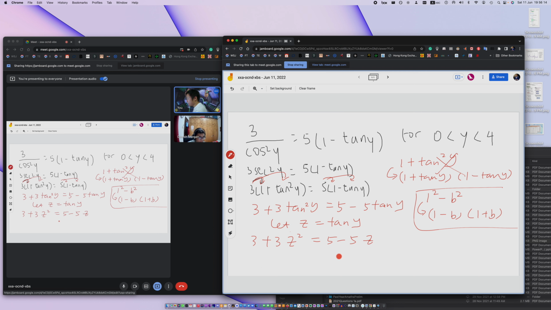I think you have no problem solving this quadratic equation, because you just have to park everything on one side, so you get 3z square. Then minus 5z, you move over is plus 5z. Then you have the 5 here, you move over is minus 5, so it's 3 minus 5 equals to 0. So just tidy it up a little bit. Am I right? Yeah.